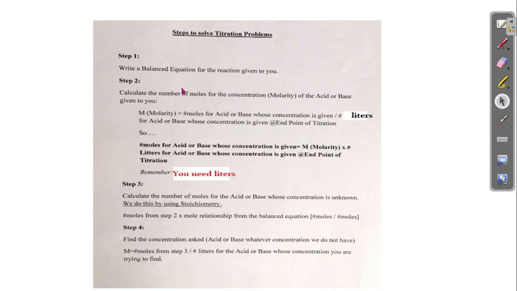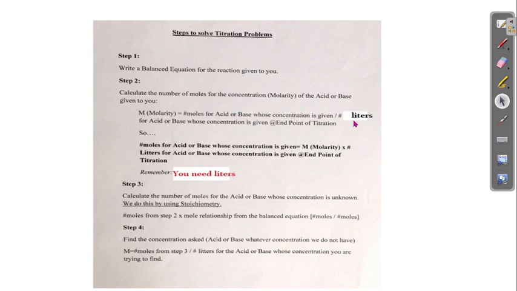Step 2: Calculate the number of moles from the concentration, so the molarity, of the acid or the base given to you. So whatever they gave you, find the molarity of that. And here's the formula. Molarity is the number of moles for whatever they give you. If they give you the acid, the acid. If they give you the base, the base.